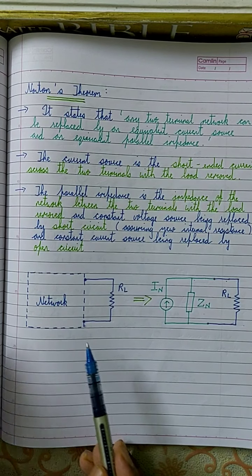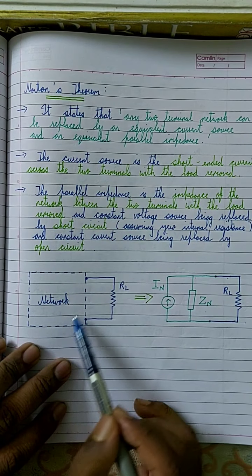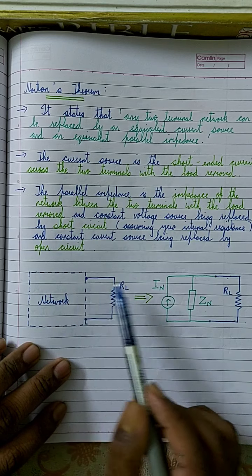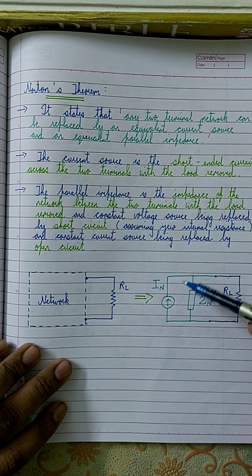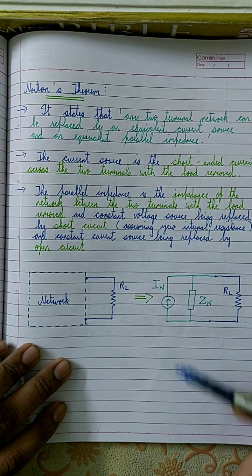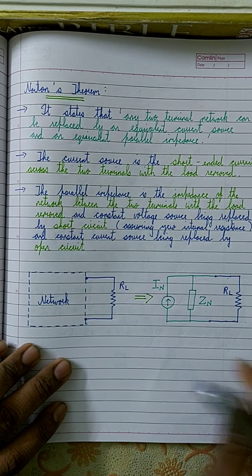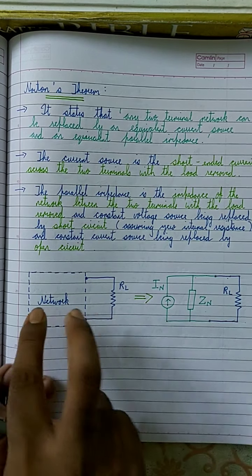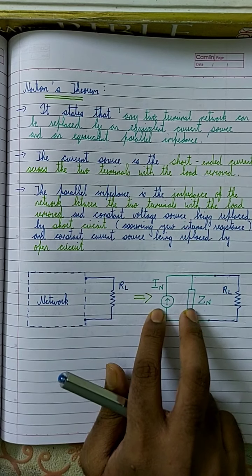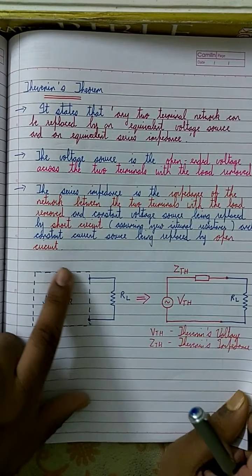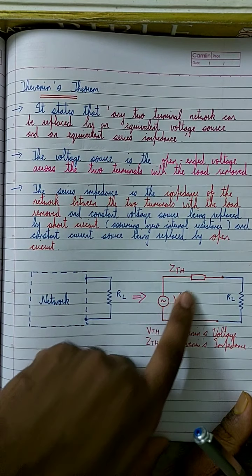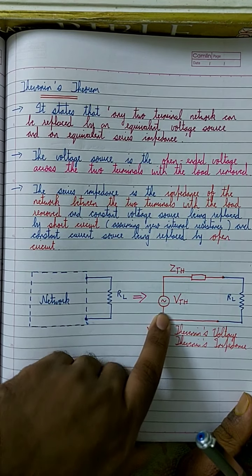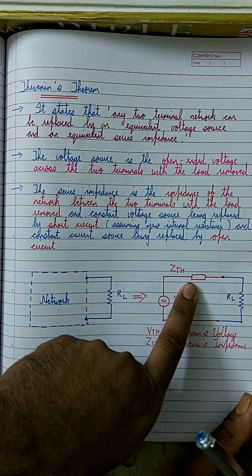Now look at the circuit. The same two-terminal network with a load resistor is now replaced by a current source with a parallel impedance. The resistor is the same. All I did is replace the network with these two elements, just like in Thevenin's theorem I replaced the network with a Thevenin's voltage with a series impedance.